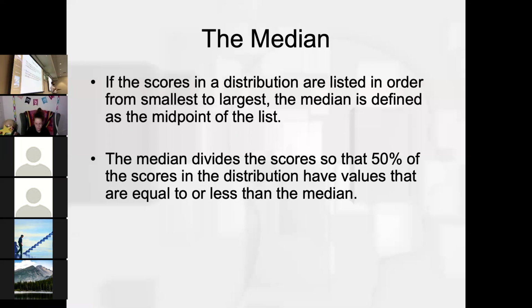Not mean family household income. Because you're going to have people like the Jeff Bezoses of the world, who I think is on track to become the world's first trillionaire by 2035 or something like that. But that's not really a good descriptor, right? We want the median family household income. So you know that half of the people in that data set make more than that amount of money, and half make lower.